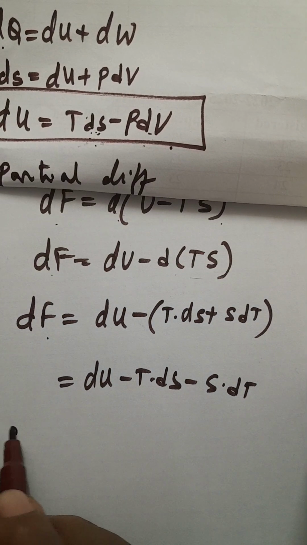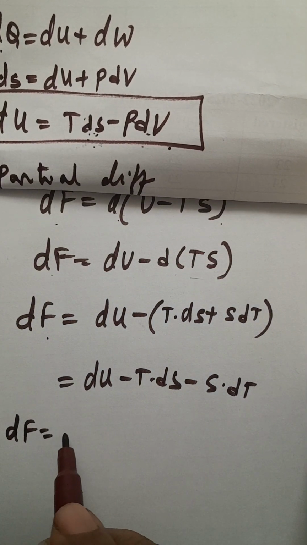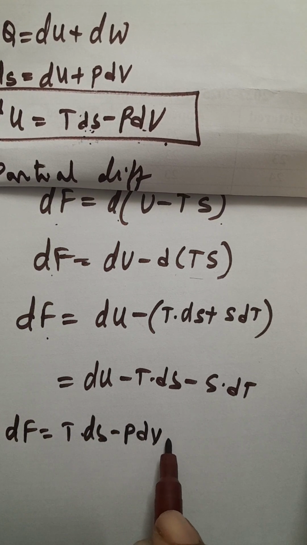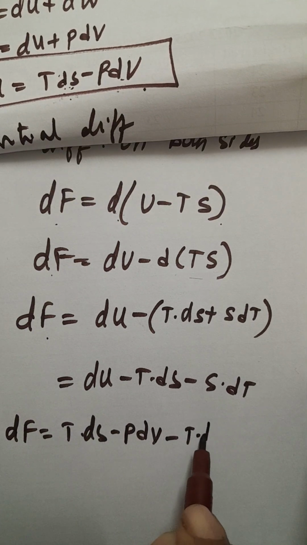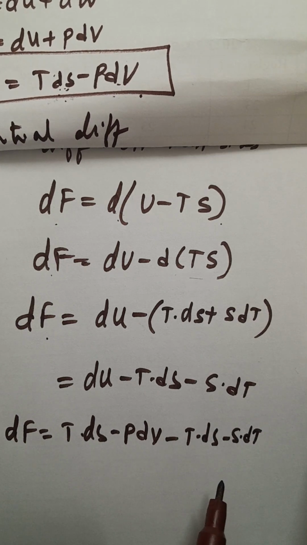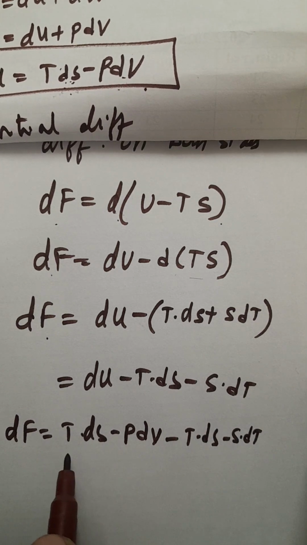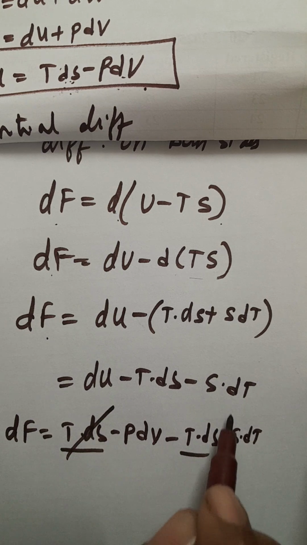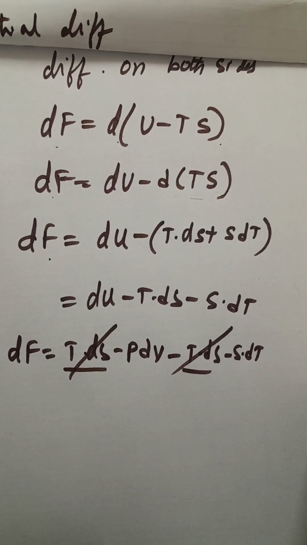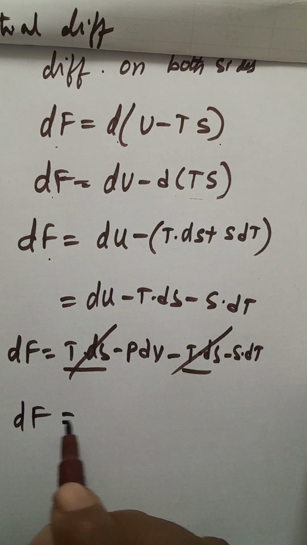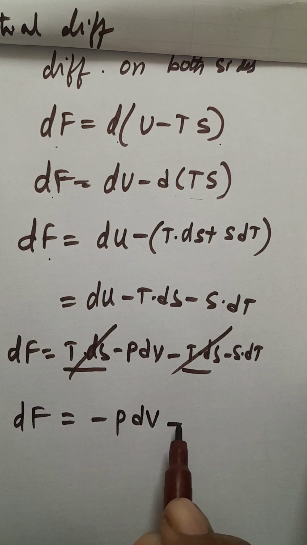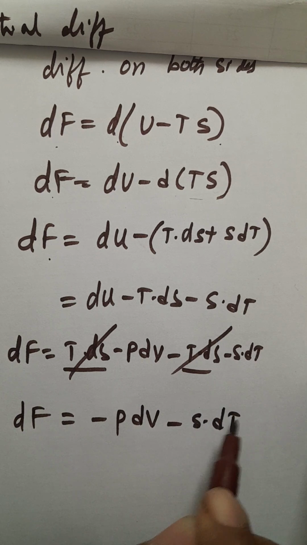So therefore dF equals T into dS minus P into dV minus T into dS minus S into dT. Okay, so this plus and this minus cancel. Therefore we got dF is equal to minus P into dV minus S into dT.